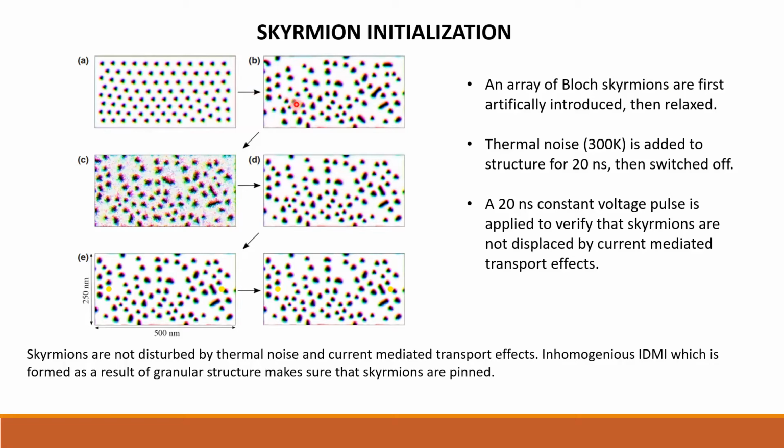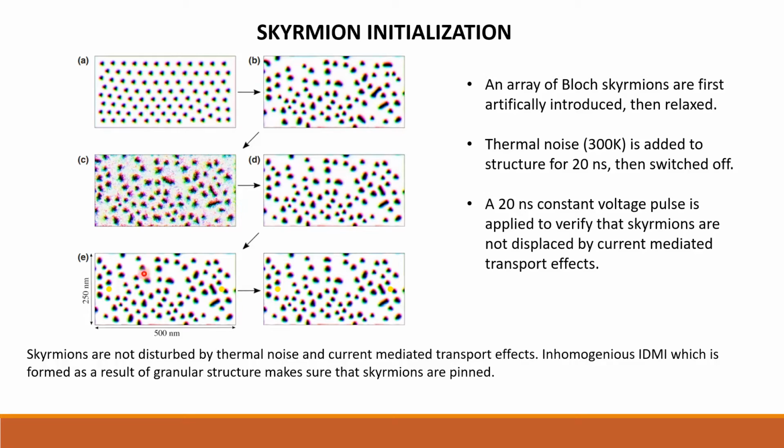What I mean by artificially is that the vector field object that corresponds to the magnetization configuration is imported to the micromagnetic model by hand. And thermal noise at 300 Kelvin is added to the structure for 20 nanoseconds and switched off. As you can see from figures C and D, there is no significant change between the states.